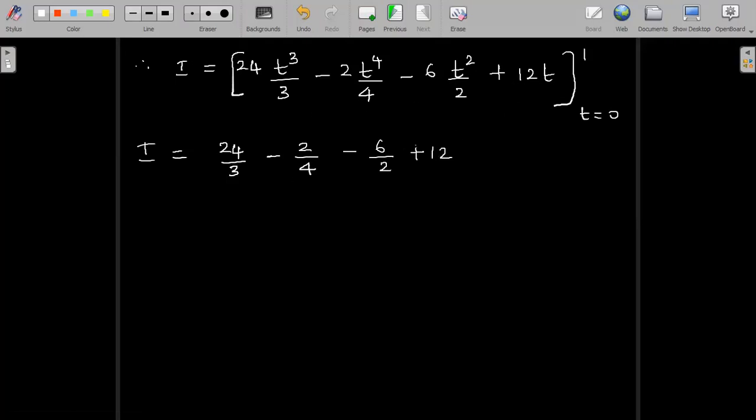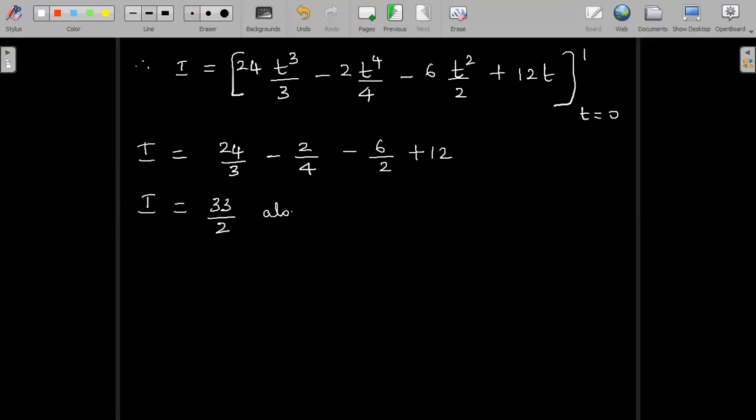So 24 by 3 minus 2 by 4 minus 6 by 2 plus 12. Using a calculator, we can simplify this and write the fractional answer as 33 divided by 2. This is along the given path.